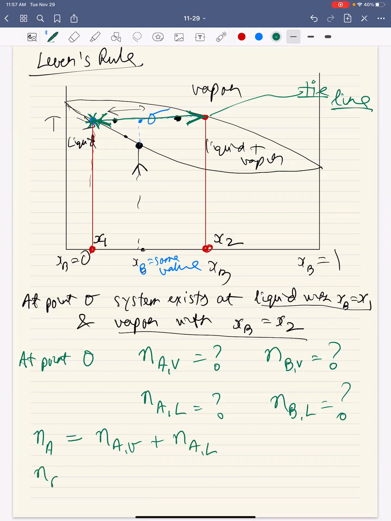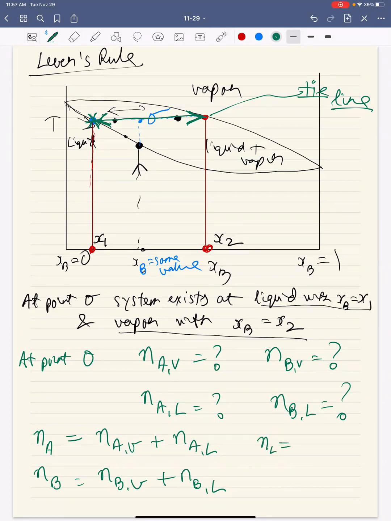And we are interested in NB, which is the number of moles of B in vapor plus the number of moles of B in liquid. The mole fraction we already know, so we don't want to do anything with that. And we can also talk about NL. I'm just not adding any new information.